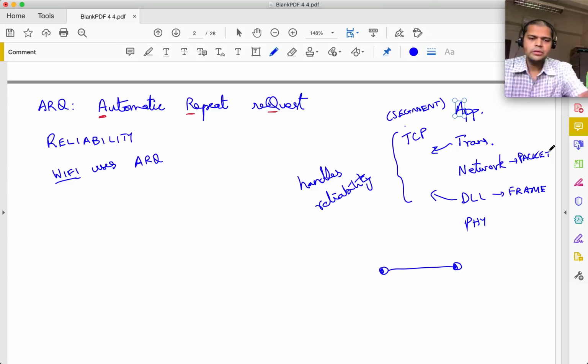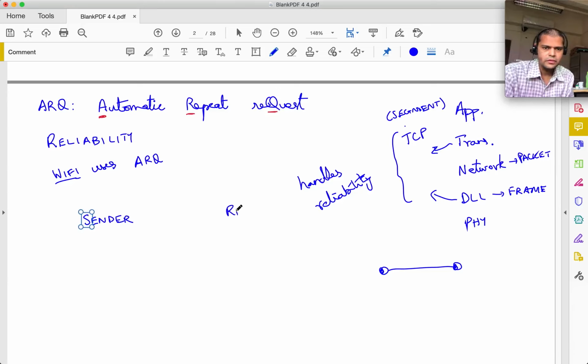So how is this going to work? And most of the concepts in networking, or in fact any systems course, will be very intuitive. So if you try to think of the solution on your own, you'll probably come up with the same one. Okay. So what do we do? So let's say this is the sender, and this is the receiver of the frame.